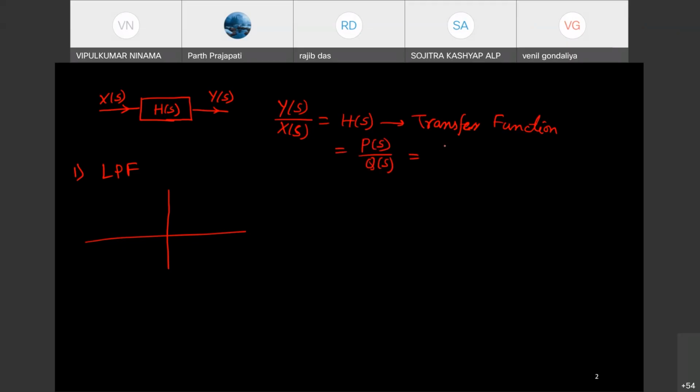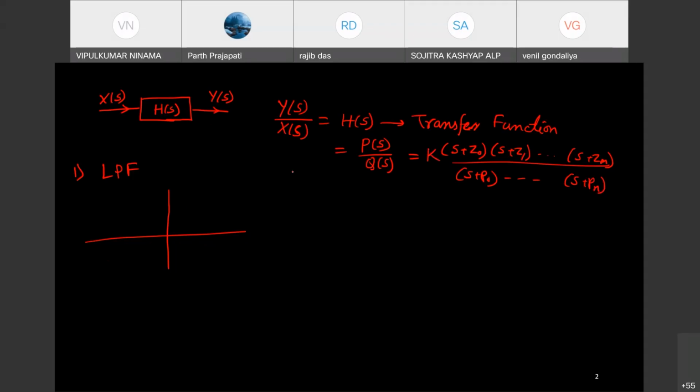This one we can write as s plus z0, s plus z1 up to s plus zm, and the denominator is s plus p0 up to s plus pn, and one constant could be there. The solution of the above one is the zeros and the solution of the below one is the poles.